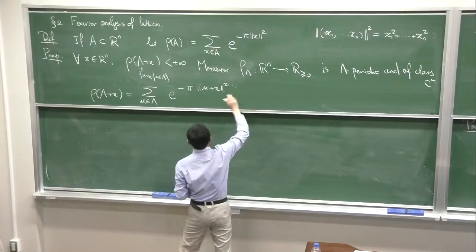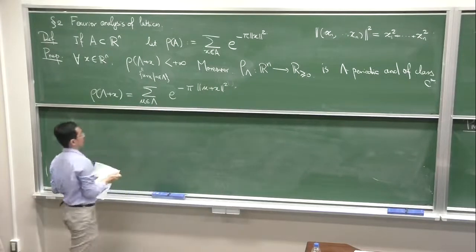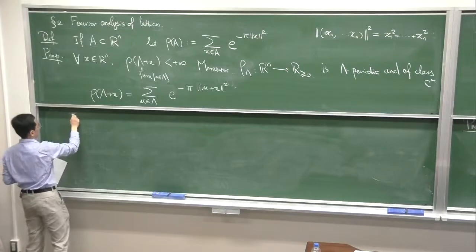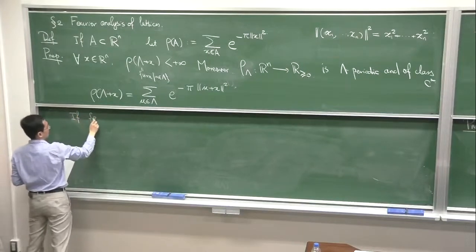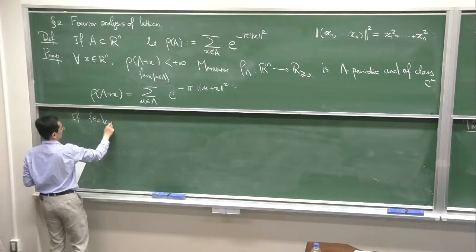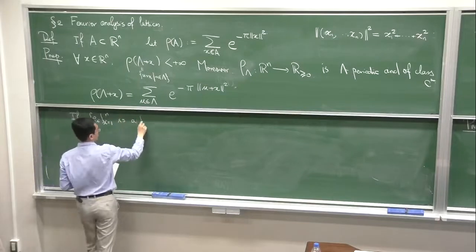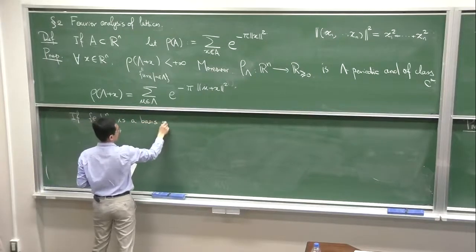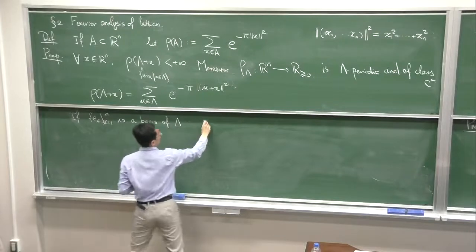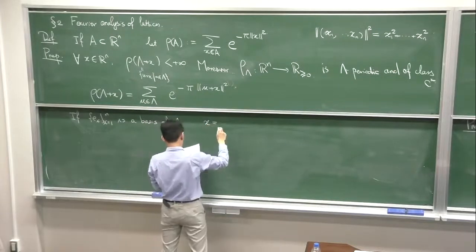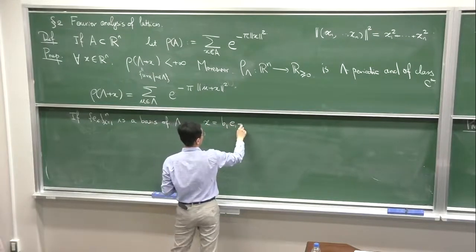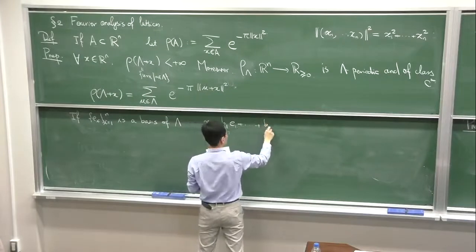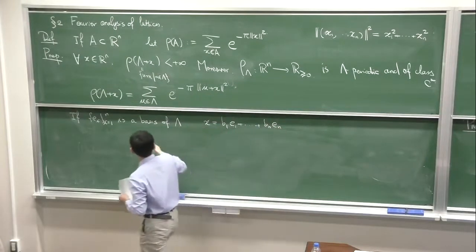The point is that if you take a basis of lambda, if e_i is a basis of lambda, and x is of the form b1 e1 plus ... plus bn en.